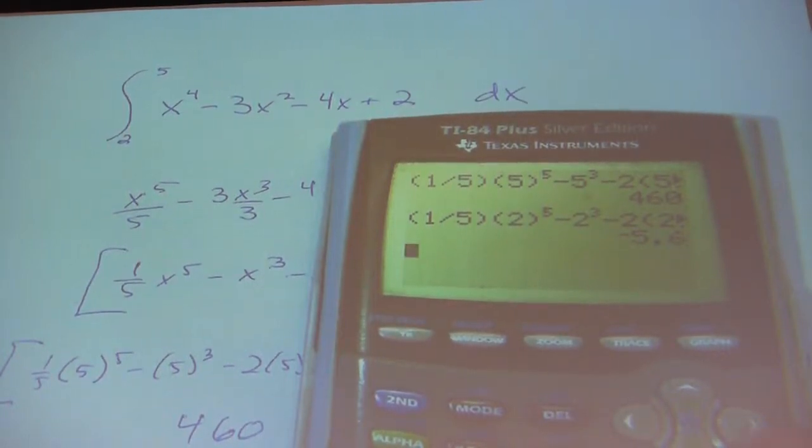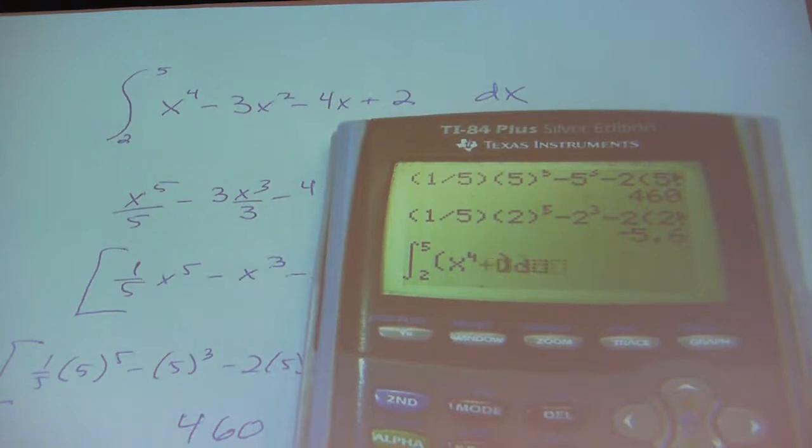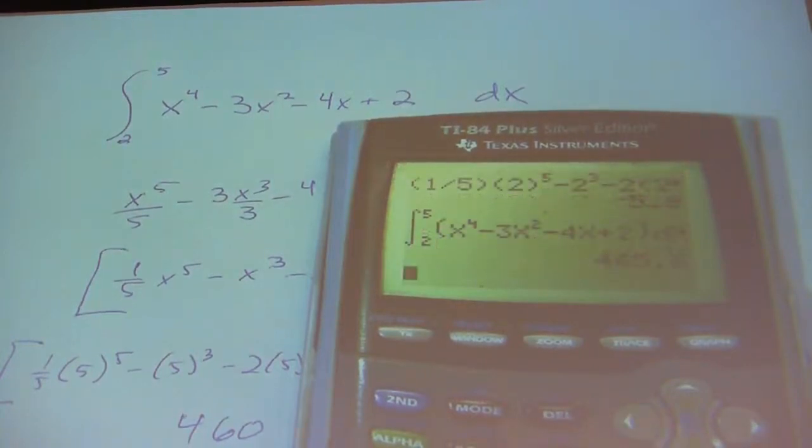So this would be math 9, 2 to 5, x^4 minus 3x^2 minus 4x plus 2 dx, and you get the same answer, 465.6.